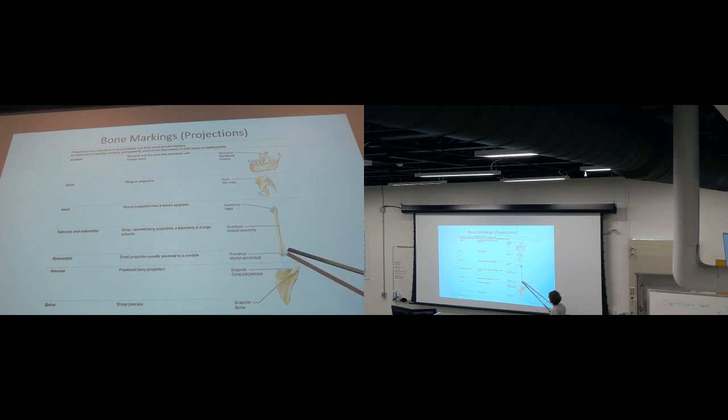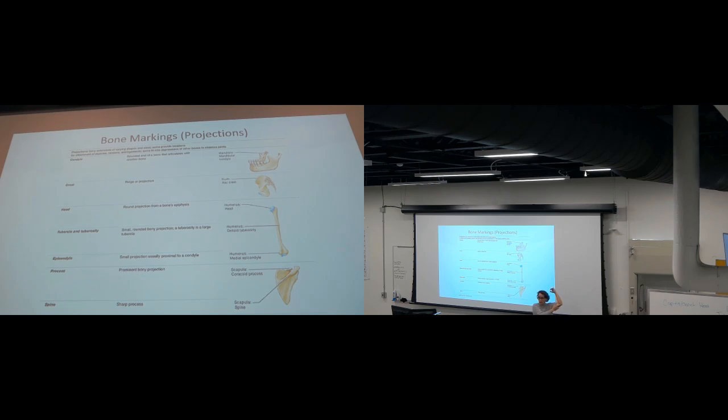And then we have epicondyles, which are raised areas above a condyle. So in this case, we have in the distal end of the humerus a medial epicondyle, and then here we have a lateral epicondyle. So this is the lateral epicondyle of the humerus, and this is the medial epicondyle.